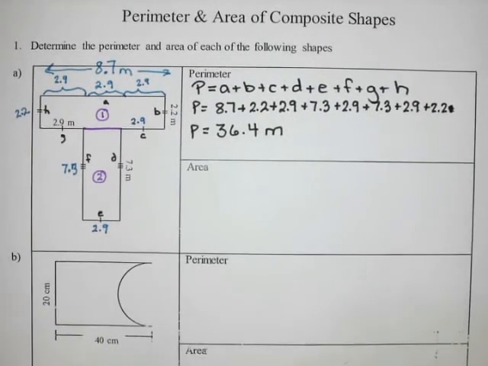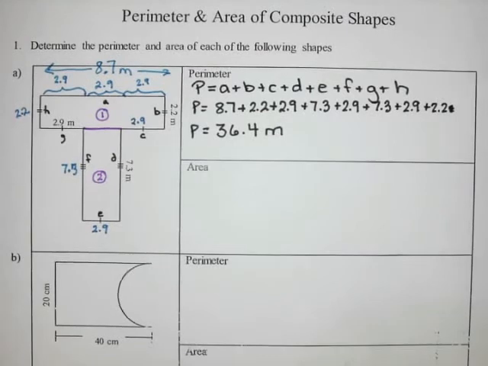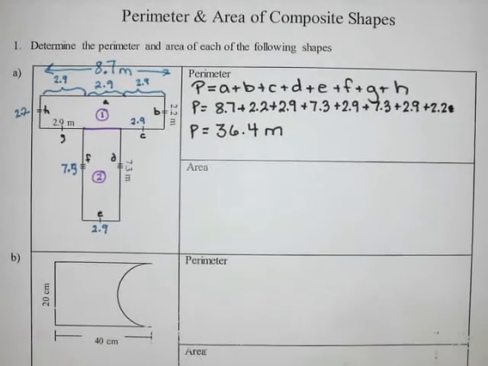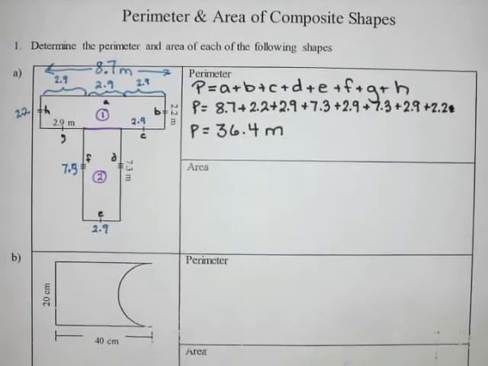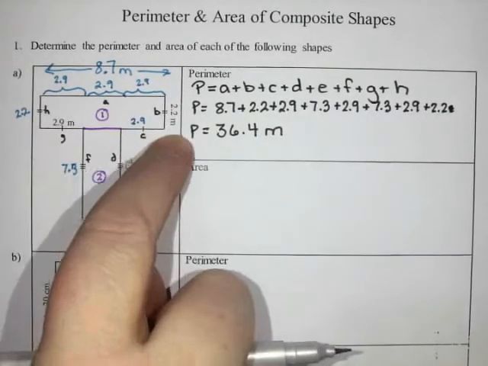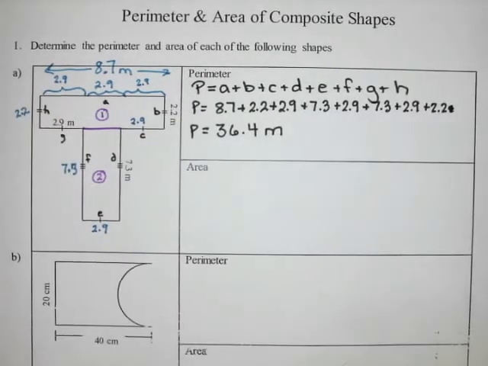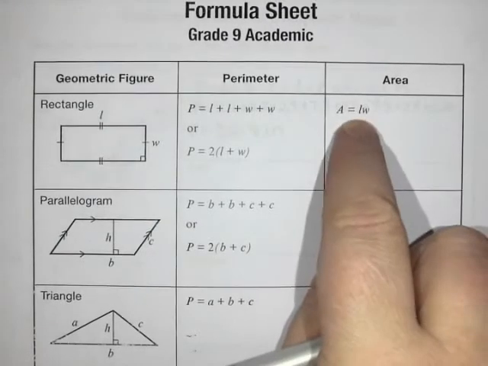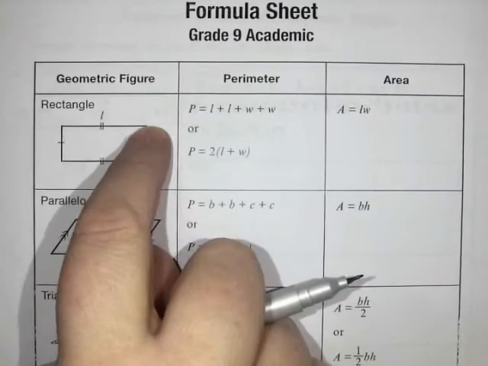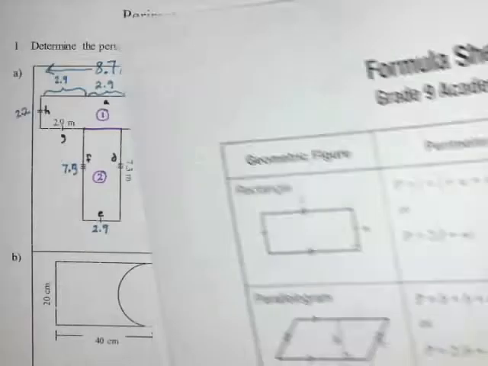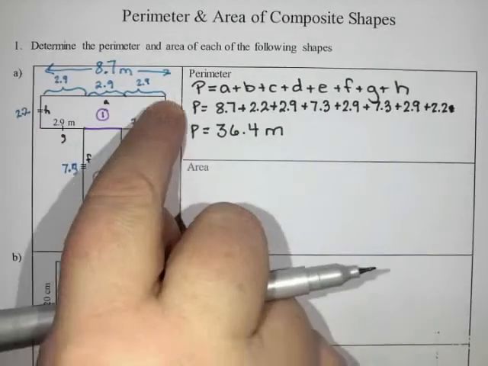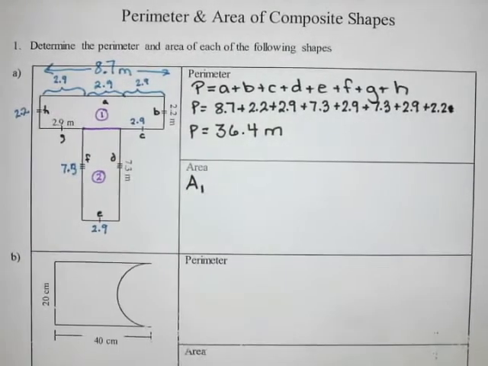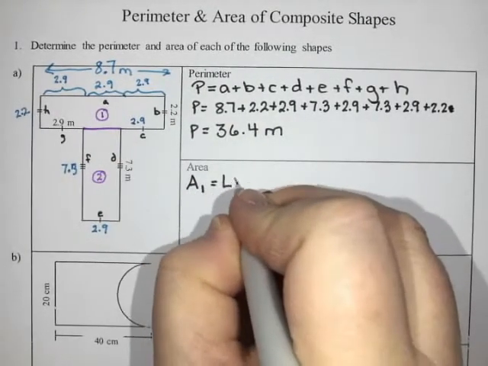We can make one formula where we put both areas together, or I can calculate each area separately and then add the two together. I think I'm going to do them separately. I'm going to start with the rectangle on the top. According to my formula sheet, the area of a rectangle is length times width. One of the sides is the length, the other side is the width. For this top rectangle, area 1 is length times width.